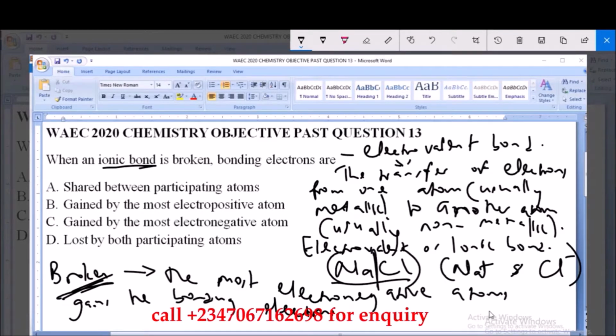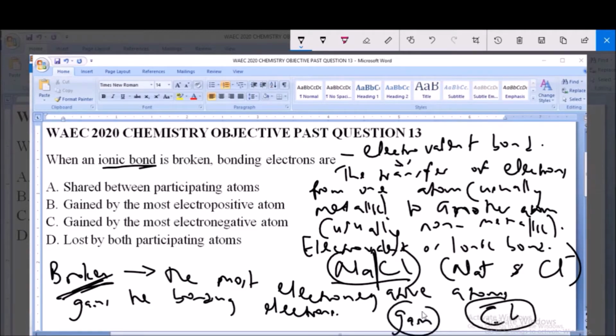What we have just said is that the most electronegative atom, which in this case is chlorine, will gain the free electron. So the free electron, which is just one electron from sodium, will be gained by the chloride, the most electronegative atom, and it will achieve stability. This is because the electronegative atom has higher electron affinity. So option C, gained by the most electronegative atom, is the correct answer to this question.